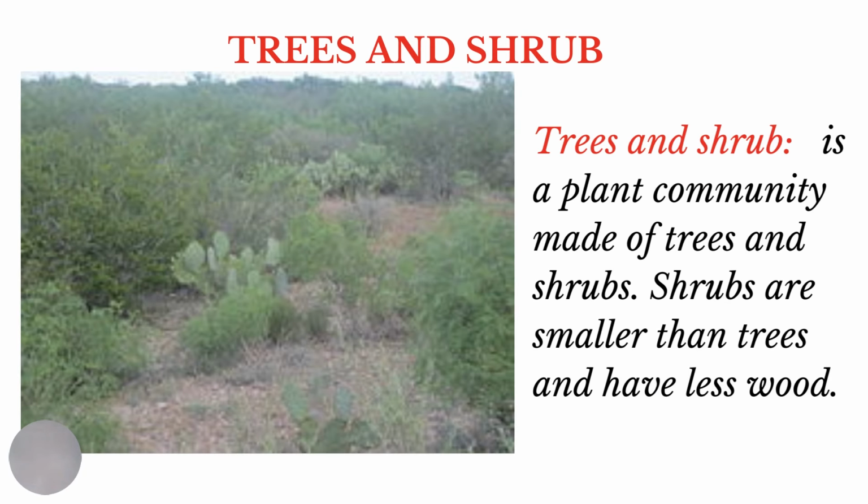Then we have trees and shrubs. All right. These are areas where we find small trees along with shrubs. As I said to you, these areas might also develop in dry conditions, or they might develop as secondary vegetation due to human disruption.